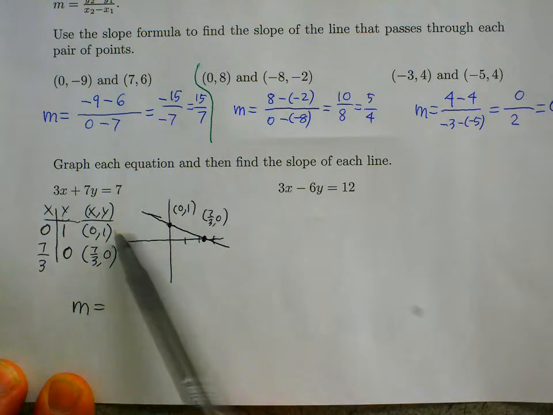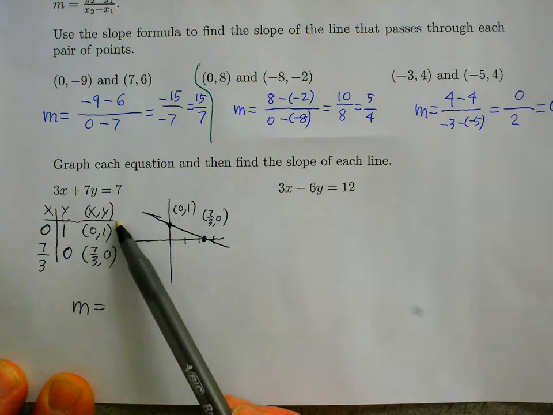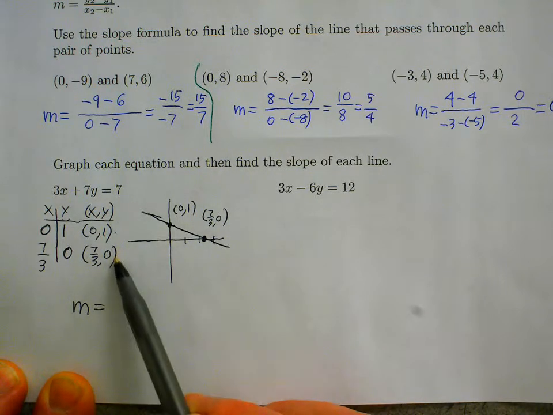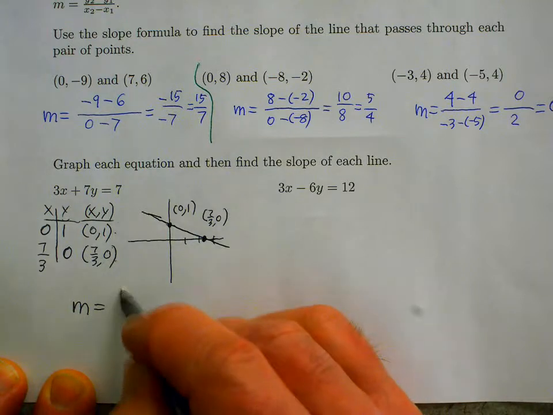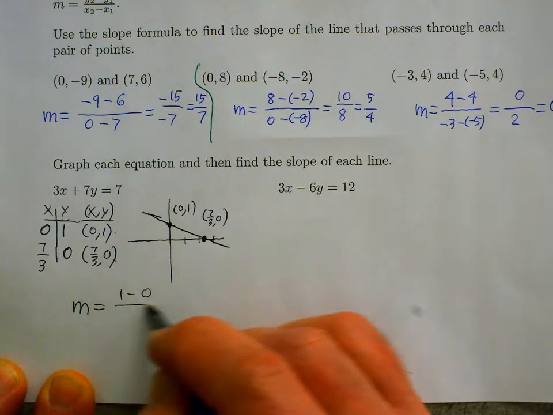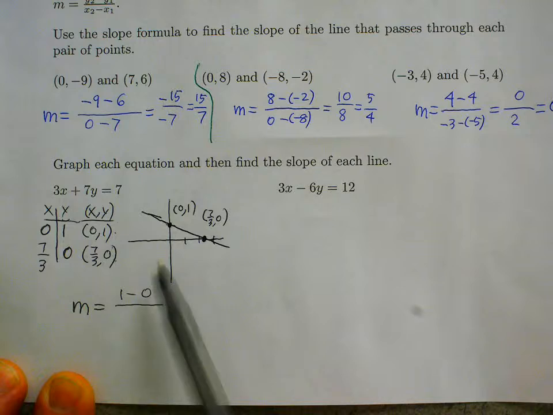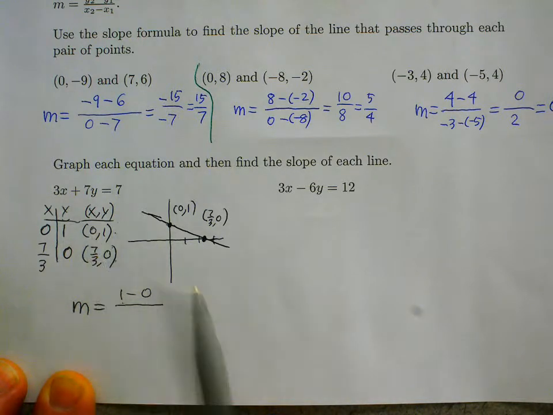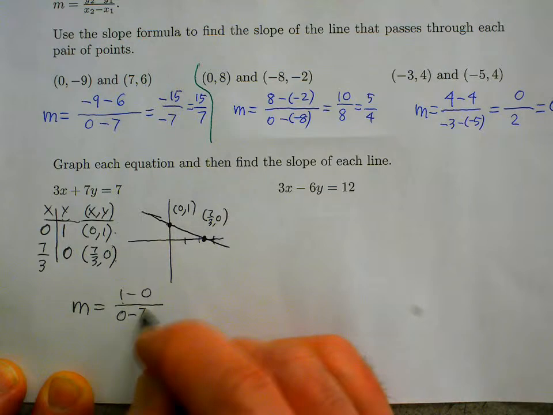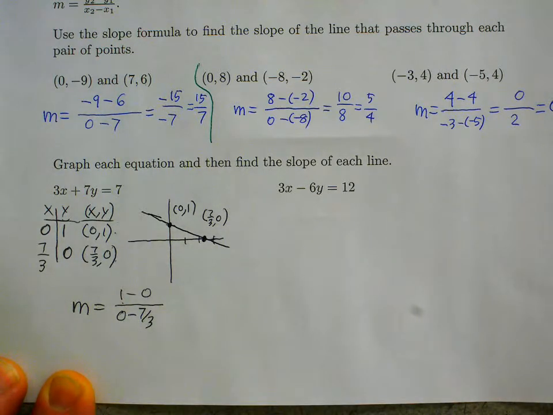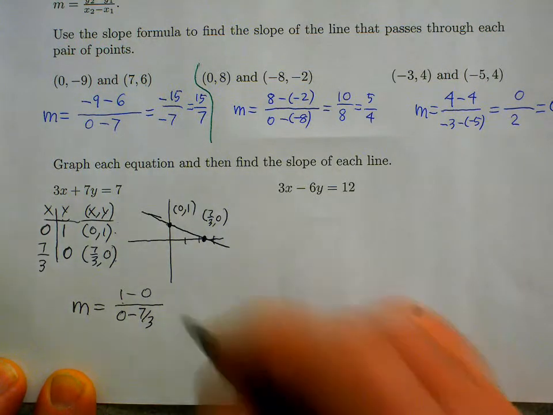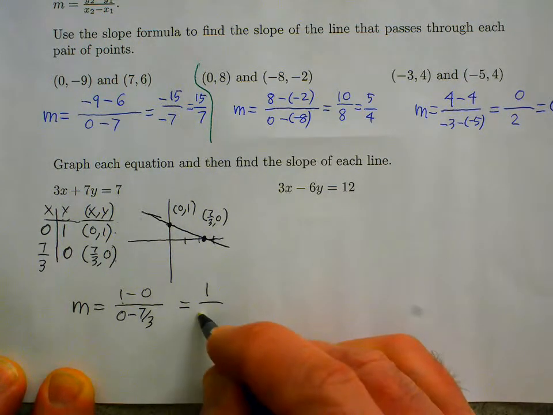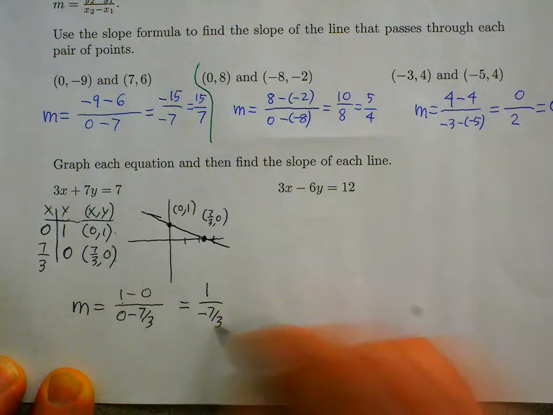So in the numerator, I'm going to write 1 minus 0. So the y-coordinate of the first point minus the y-coordinate of the second point, 1 minus 0. And so since I made that choice for the numerator, I have to pick 0 minus 7/3 for the denominator. And 1 minus 0 is 1, and we're dividing by negative 7/3.